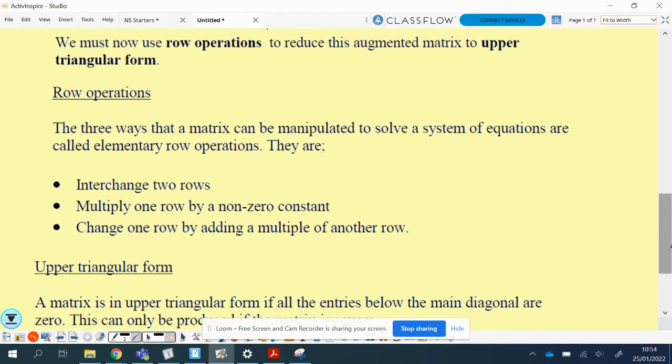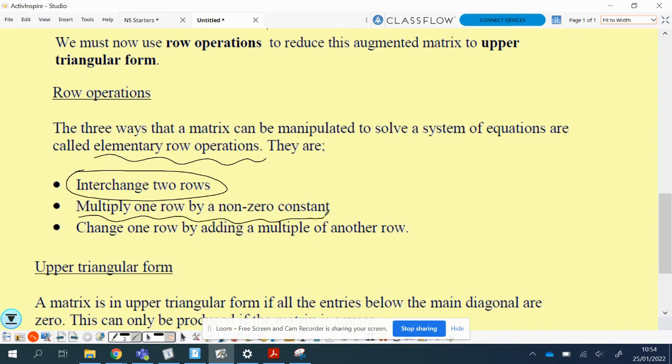Right, the row operations. The 3 ways that a matrix can be manipulated to solve a system of equations are called elementary row operations. Okay, so these are the rules that we must abide by. The one thing we can do is interchange 2 rows. So if we're not happy with how the rows are set up, we can swap them about, but we must keep all the rows the same, just swap them about in order. We can multiply one row by a non-zero constant, like what we've done with simultaneous equations.